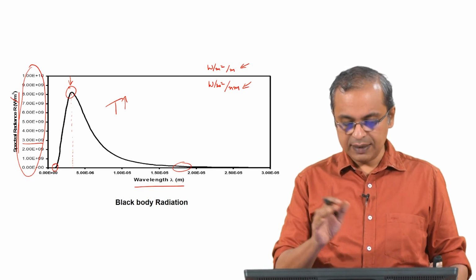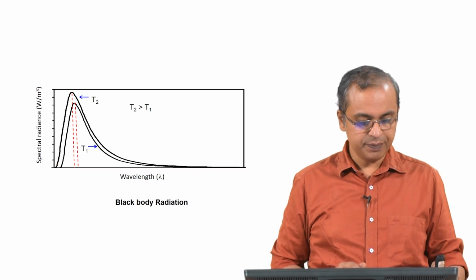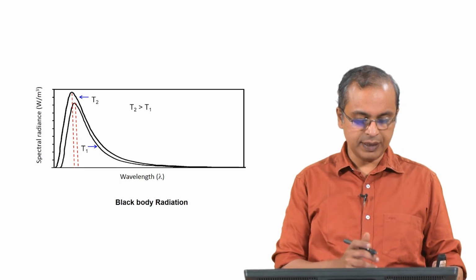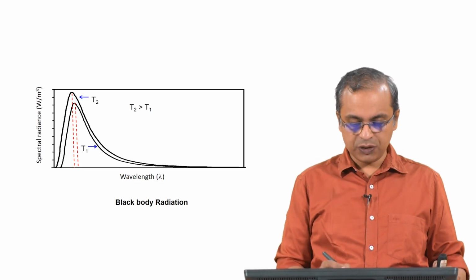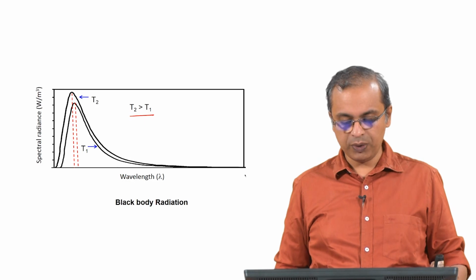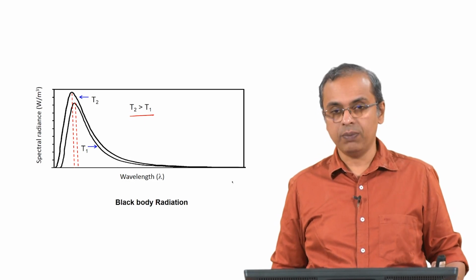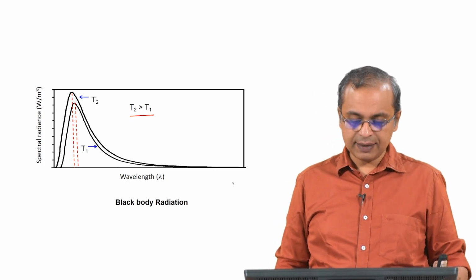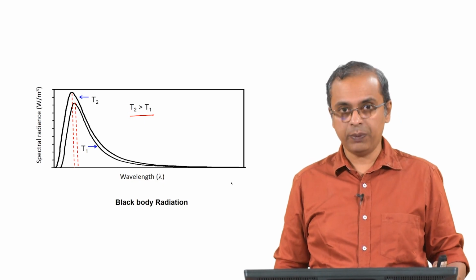Okay. So with this in mind, I will show you one more plot here. You can see here again watts per meter cube, and I have shown that schematically. I am taking two temperatures here, T2 and T1, and in this case T2 is greater than T1.